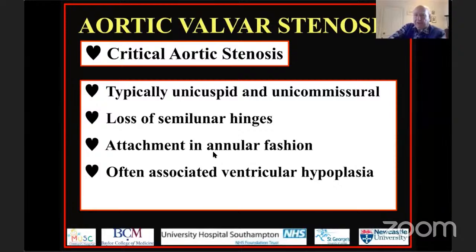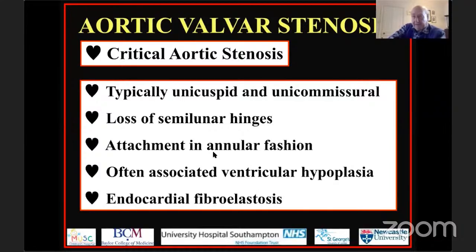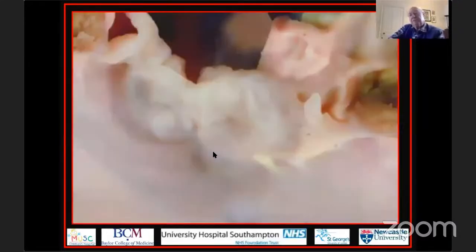She'll also emphasize to you that one of the problems that confronts you is that oftentimes there's severe ventricular hypoplasia. Indeed, it's questionable as to whether these should be considered as part of hypoplastic left heart syndrome. And in the hearts we see in the autopsy room, oftentimes there is also endocardial fibrosis, fibroelastosis, adding to the problems that confront you as clinicians.